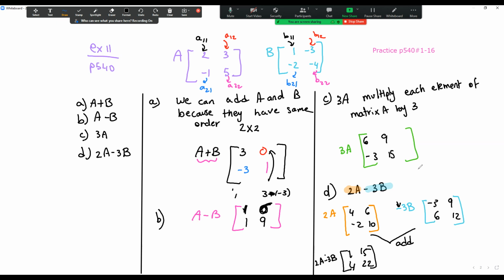You can do it in a different way where you end up with matrix 2A and matrix 3B, then subtract them. What I did is I did matrix 2A and matrix negative 3B, and I added them. Okay, so now it's your turn to practice, page 541, problems 1 through 60.